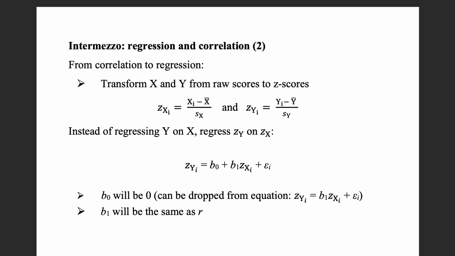So you probably already have some idea that just looking at correlation coefficients doesn't necessarily tell you a lot about the causal effects of x on y, of the one variable on the other variable. And now you learn that regression analysis is also basically just correlation, but expressed on a different scale, on an unstandardized scale, which is absolutely true.